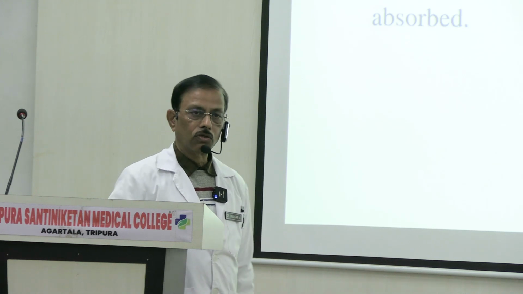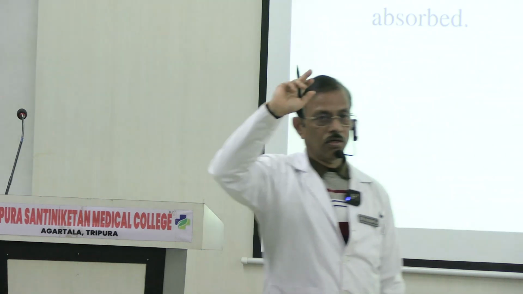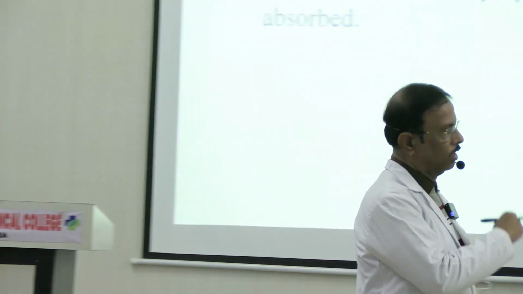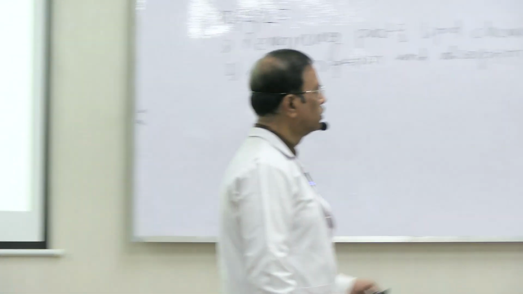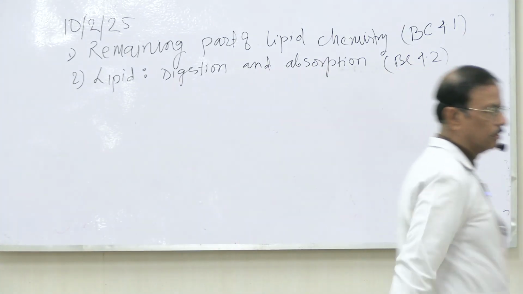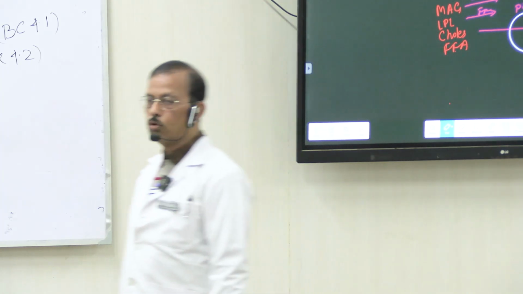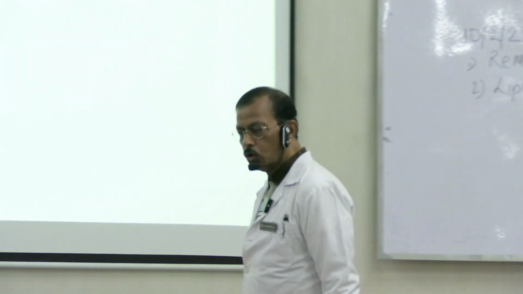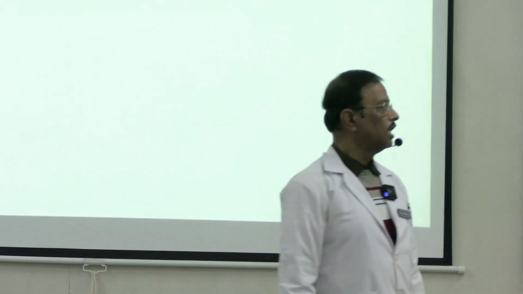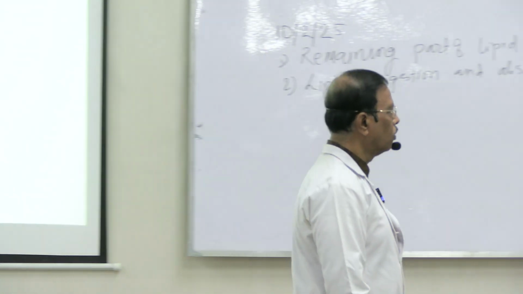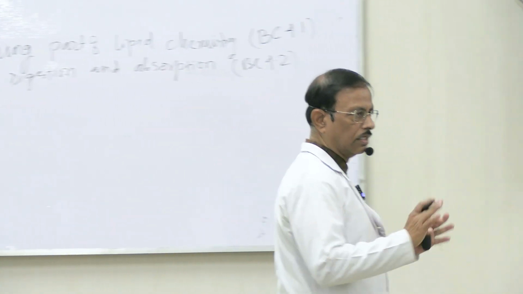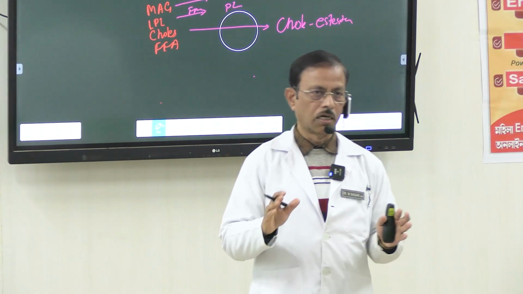Okay, so that very glycerol is not present for re-esterification. The glycerol which is synthesized inside the cell is totally different. So now we have triacylglycerol, some monoacylglycerols, some long chain fatty acids, some diacylglycerols, then cholesterols. They are inside the cell ready for absorption.